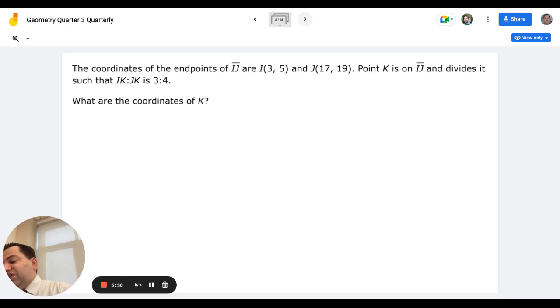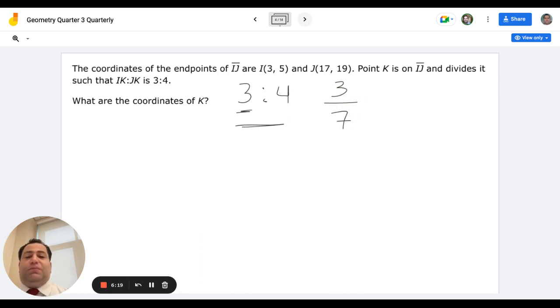The first thing we have to figure out is what fraction we have moved from the start point along the line. It says here it's 3 parts out of a total 7 parts. So that's 3/7 of the line from the starting point.